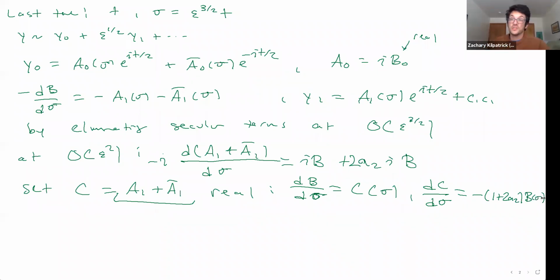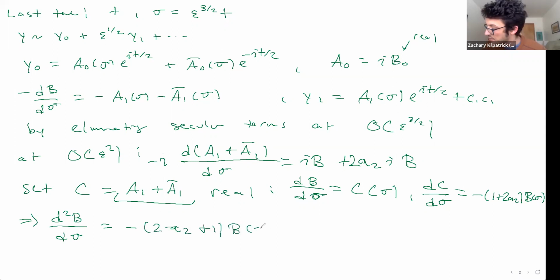Okay, this is just a linear second order differential equation with off diagonal entries. And so we get that d²B/dsigma² is equal to minus (2A2 plus 1) B of sigma.